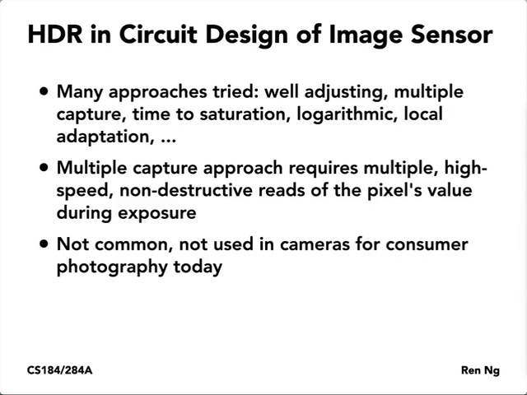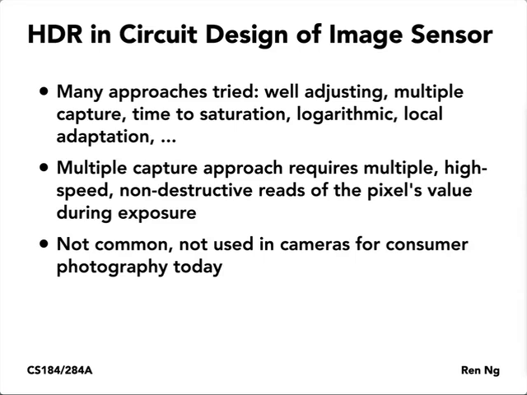And there are multiple capture approaches at the sensor level as well, which require multiple high-speed, non-destructive reads of the pixel's value during exposure. All of these things can be implemented in semiconductor designs and have been, but they're not very common, it turns out. None of these have made their way through to high volume production in the image sensors that you or I use in our consumer devices.